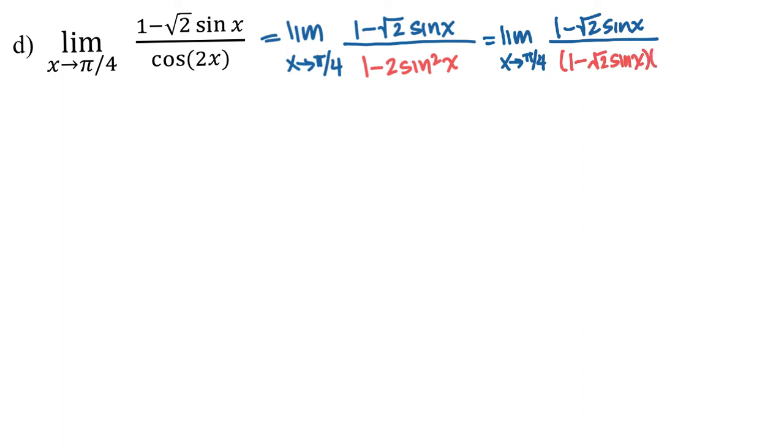When we're done, we'll stare at this and make sure it looks right. Okay, 1 times 1 is 1 plus root 2 sine x minus root 2 sine x cancels. And then if I do this times this, root 2 times root 2 is minus 2. Sine times sine is sine squared. So it does in fact match. And then I can see I can cancel that factor right there.